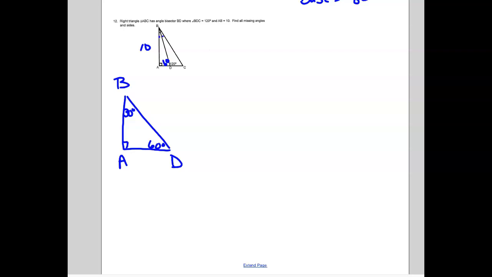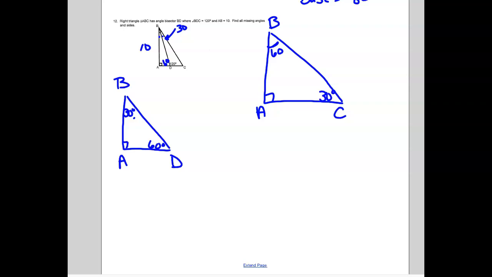So if the first one here is 30, then the other angle here has to be 30 as well. Okay? So if we look at triangle ACB, we have two 30-degree angles up here, which makes this 60 degrees. And so this angle C is going to have to be 30 degrees. So we've figured out our missing angles.